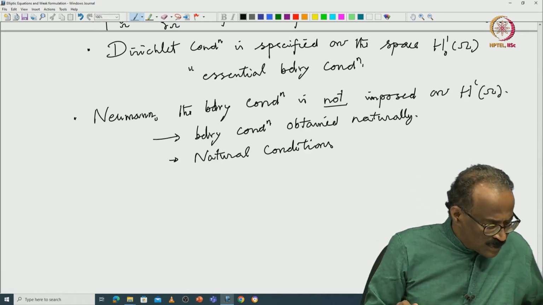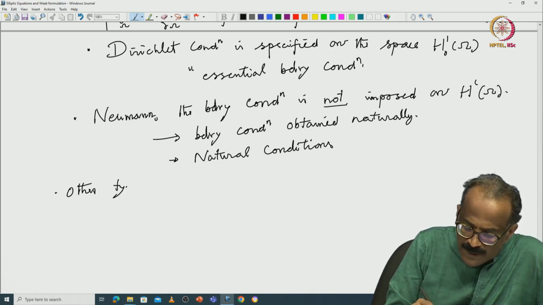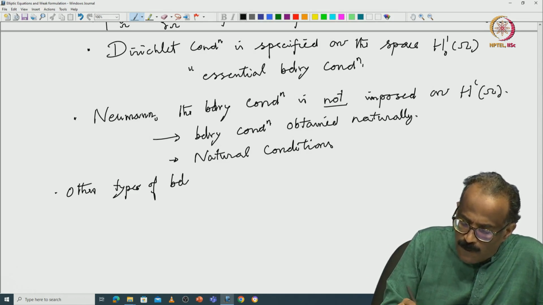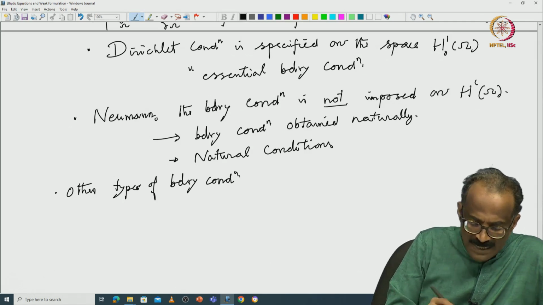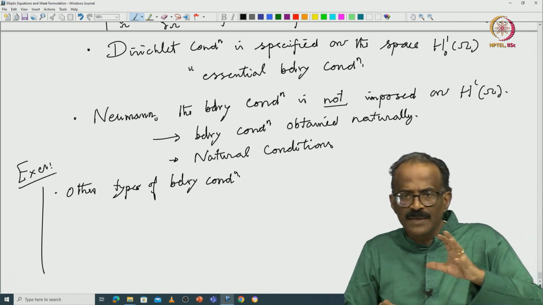You can also use other types of boundary conditions. These are all exercises you should work out. All of what I am not covering is not very difficult.